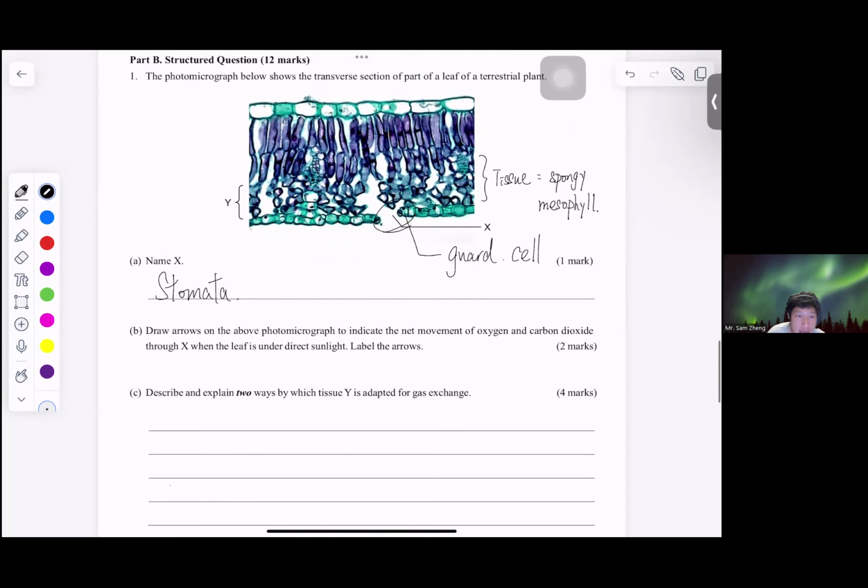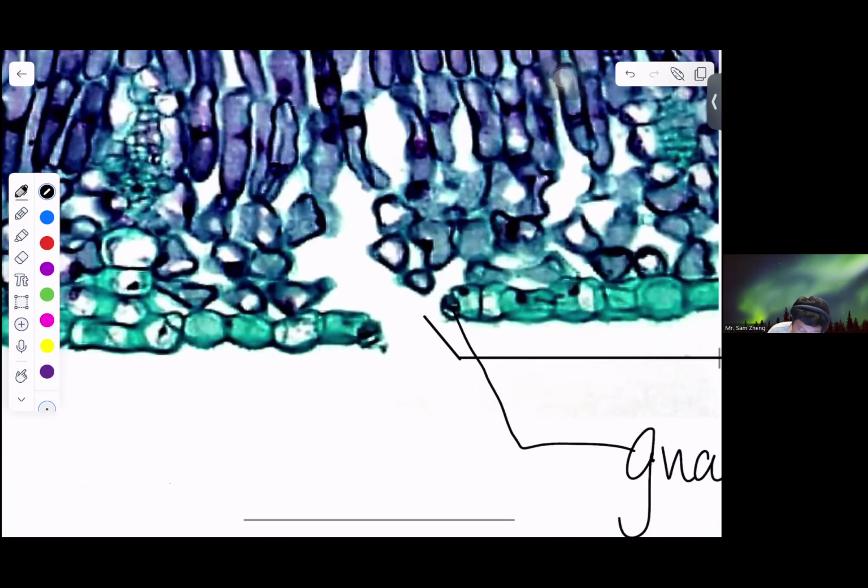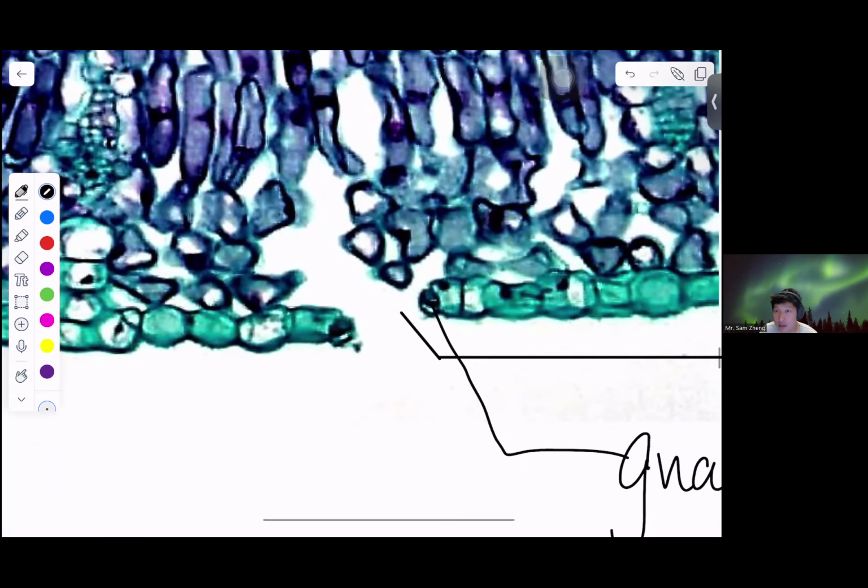Then we need to draw an arrow on the above photograph to indicate the net movement of oxygen and also carbon dioxide. Now, here it is a little bit difficult.